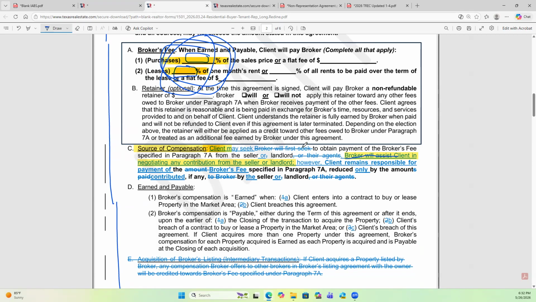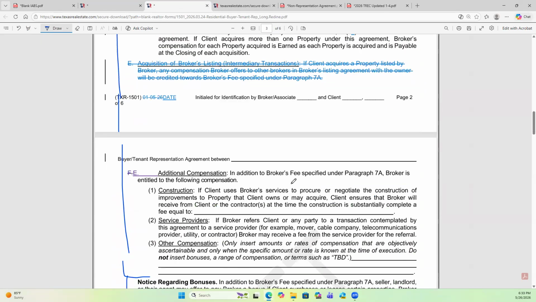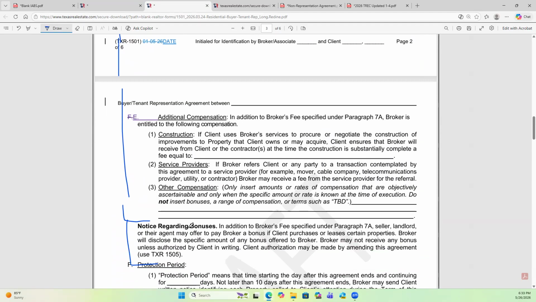Yes, I am going to represent you on the buyer side. Yes, this is my fee, but I'm going to assist you by negotiating my fee from that seller or landlord right here in the contract. Simple as pie. Now, down here, nothing has changed. If there's any bonuses or additional compensation, look, there's no blue, there's no red.